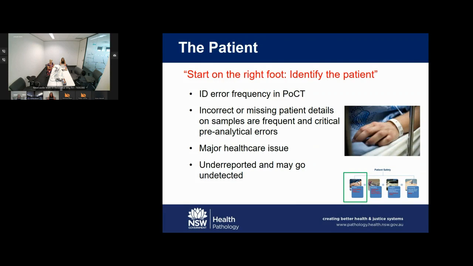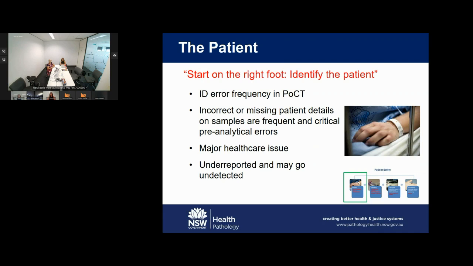If someone else picks up a blood gas syringe or tube and thinks it belongs to someone else, you've just analysed the wrong patient and you have the wrong result sitting in the EMR, which relates to the wrong patient, and then can cause major healthcare issues and can go unreported.